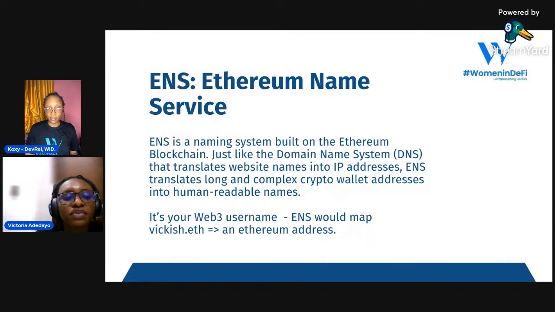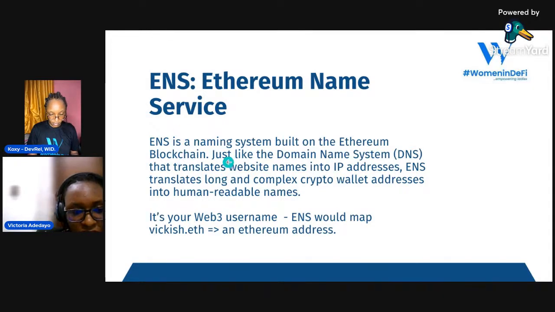If I want to go and visit facebook.com and you write IP, colon, and some numbers, it will be very hard for you to remember. But Facebook.com is very easy for you to know, okay, yes, this is Facebook. It's a human readable name, right? Instead of the whole string of numbers and characters.